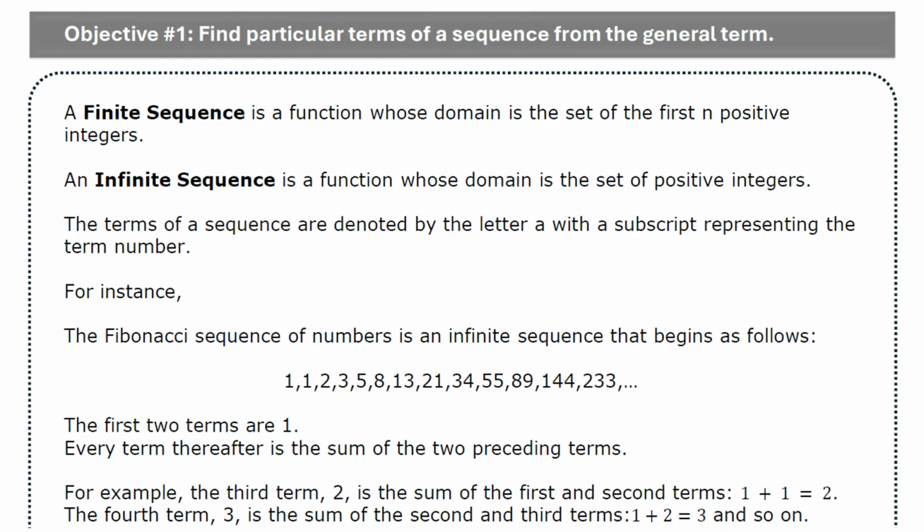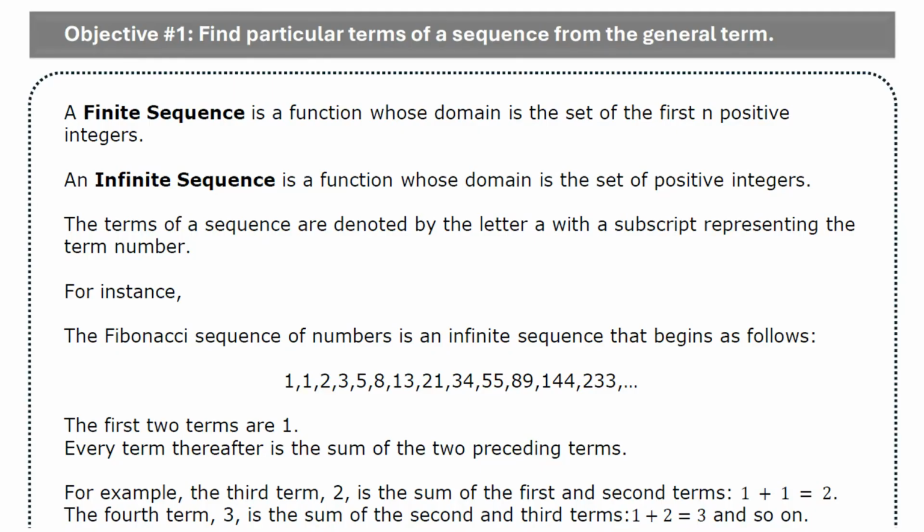Okay? So finite has a certain number within a set, whereas infinite could be all of the numbers within a set. The terms of a sequence are denoted by the letter A with a subscript representing the term number.